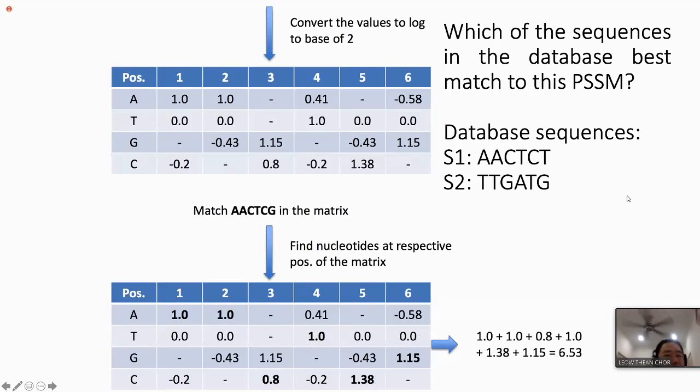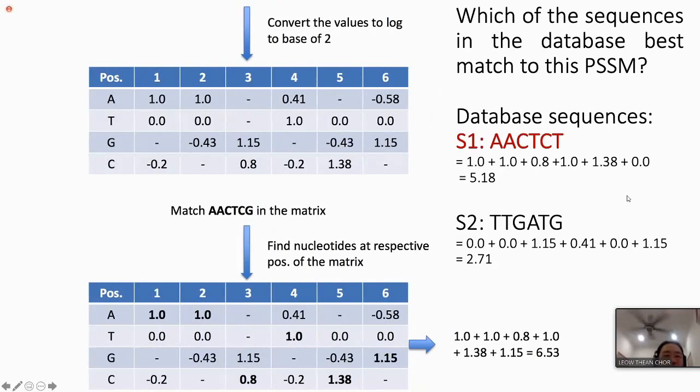And then for TTG, AC, ATG: T is 0, T is 0, G is 1.15, A is 0.41, followed by T which is 0, and G is 1.5, and then you get another score. So when you compare the scores, you get this.